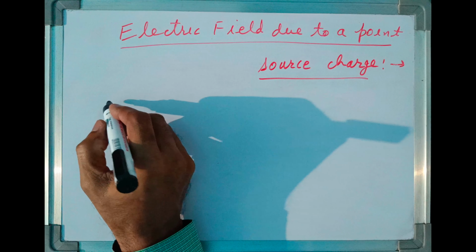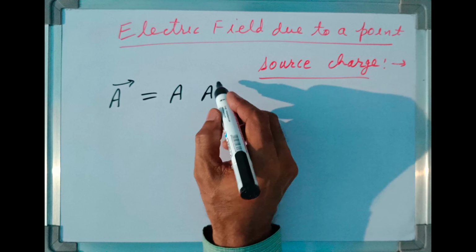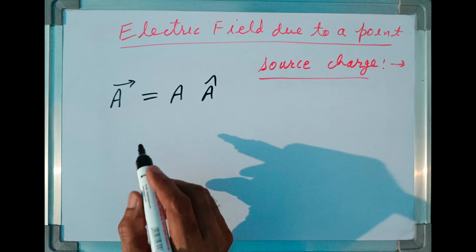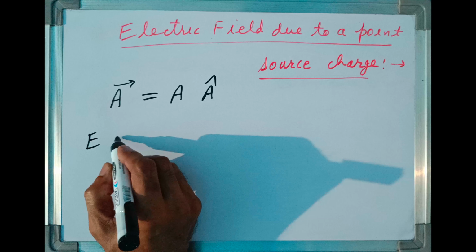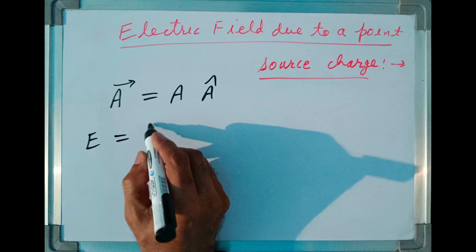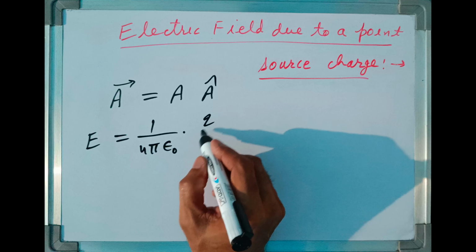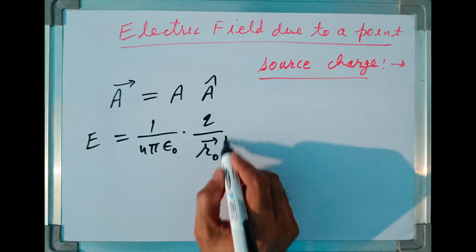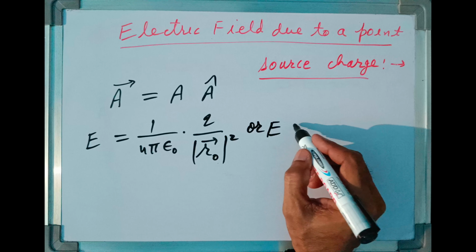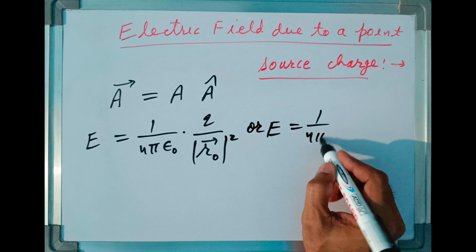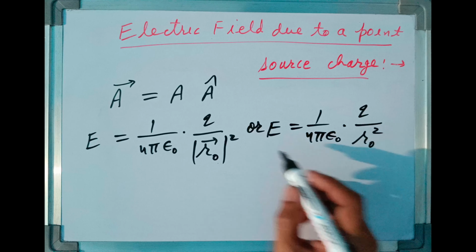We know that any vector can be written as its magnitude multiplied by its unit vector. If I compare the previous relation for electric field with this, I can write magnitude of electric field due to point source charge in the special case as 1 upon 4 pi epsilon naught q upon r naught magnitude square, or I can write E is equal to 1 upon 4 pi epsilon naught q upon r naught square.